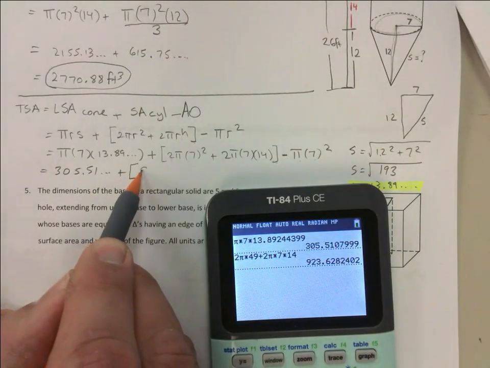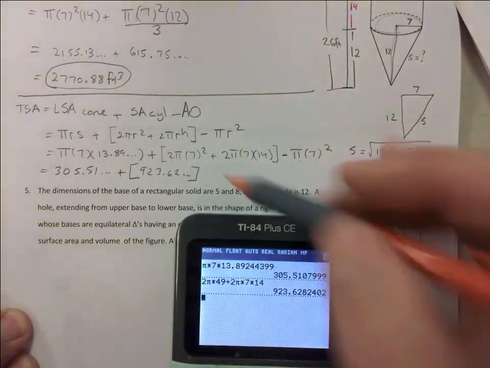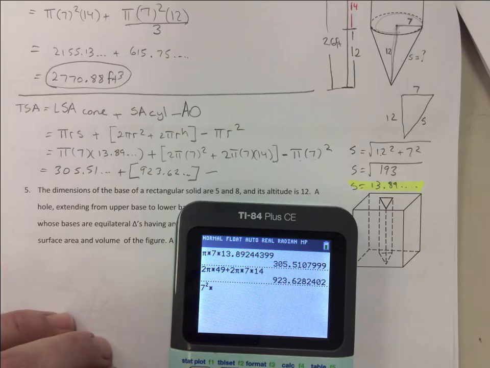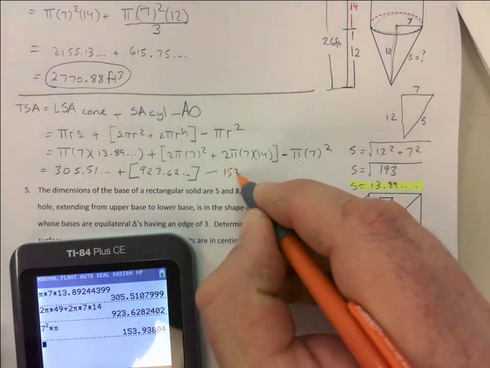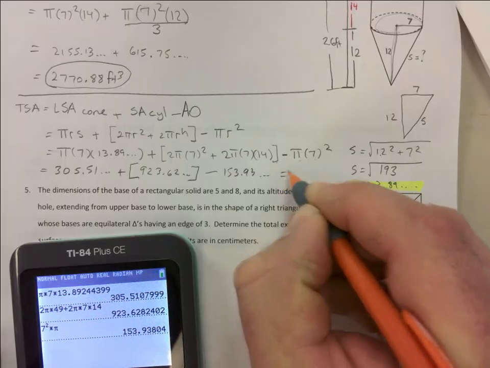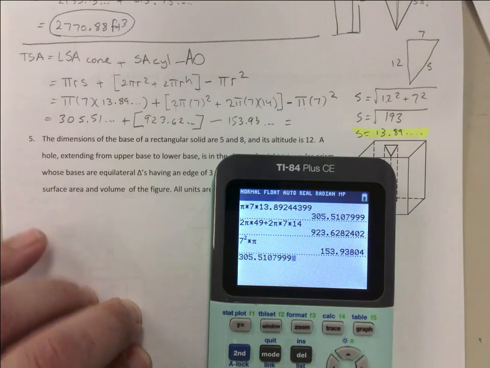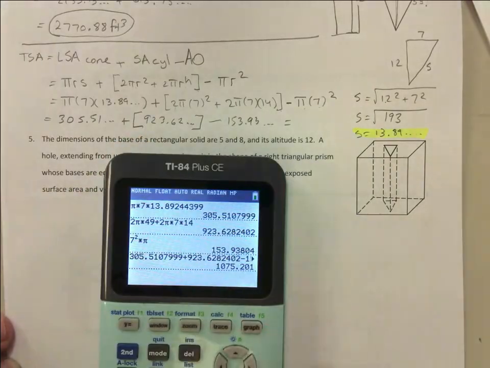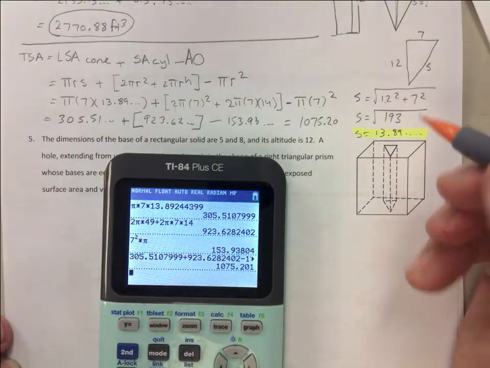That is 923.62 dot dot dot minus 7 squared times pi. That's 153.93. Now that you have that all, just go that plus that minus the circle. That's 1,075.20. And we are in square feet.